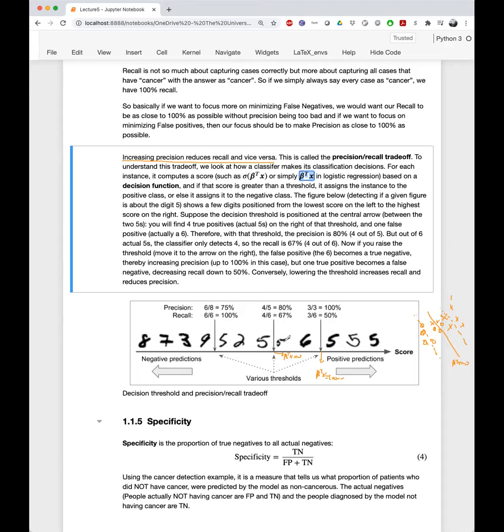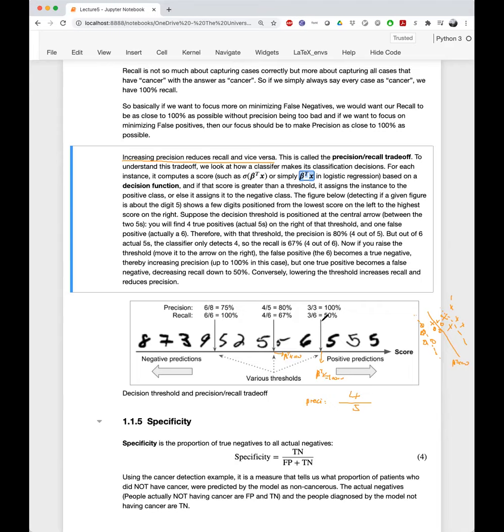For these 5 cases, 1, 2, 3, 4, 5, all of the cases will be predicted as 5. And this one is a false positive. So for the 5 cases where we predicted 5, the denominator will be 5 for precision. How many are predicted correctly? 1, 2, 3, 4, only 4. So it's 4 over 5. That's why we have 4 over 5 here as the precision.